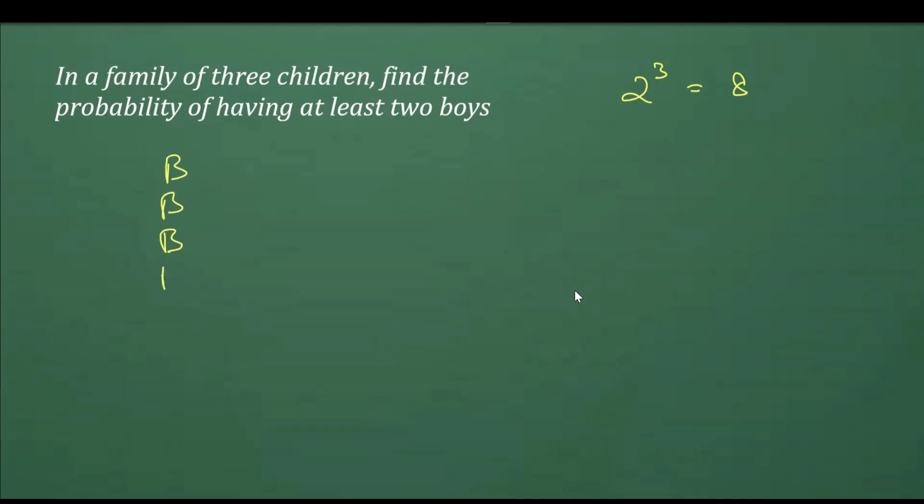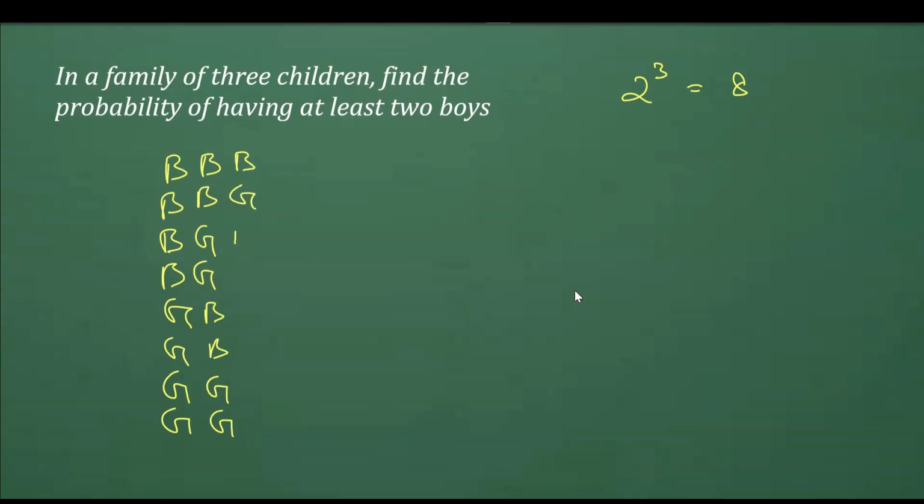Write 4 times B, you can start with G also, and then 4 times G. Then make it half: write 2 times B and 2 times G, then again 2 times B and 2 times G. Then write 1 time B, 1 time G, that's B, G, B, G, B and G.